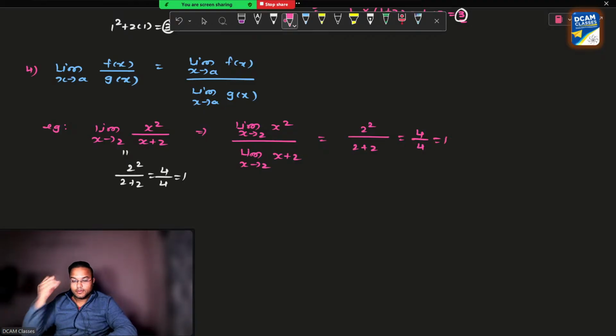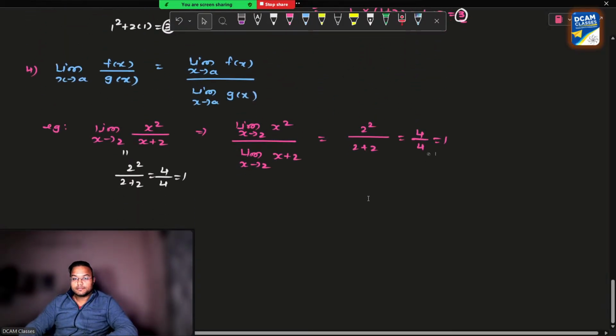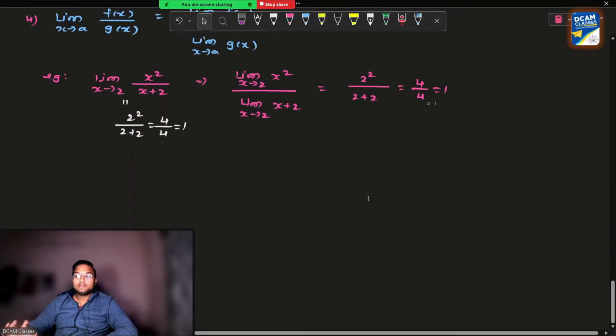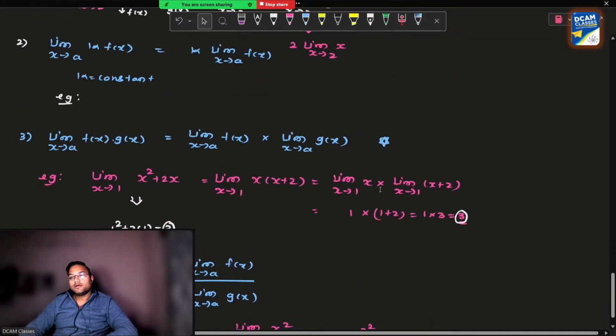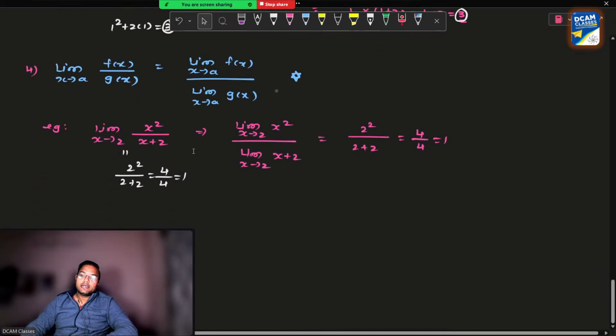The answer is the same. I'm just showing you the application of the property, why the property behaves this way. What we understand from these two, the third and fourth, is that whenever a limit is there, it applies individually to each function. It replicates itself and applies to each function individually.